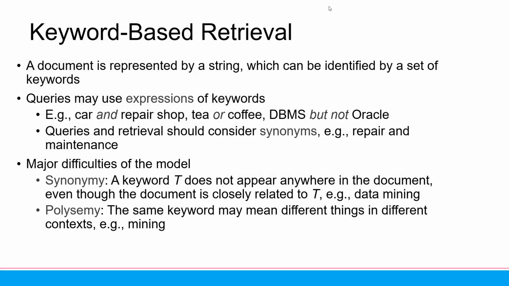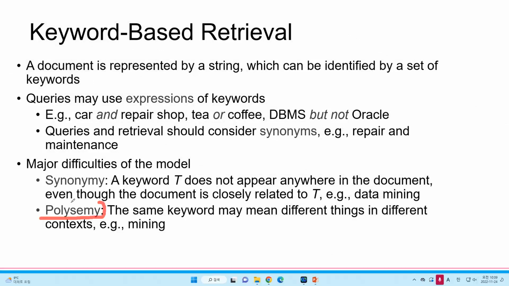And we can have polysemy. Poly, do you know poly? Poly means many. One word can represent many meanings. The same keyword may mean different things in different contexts. For example, mining. In Korea, mining, I don't know the Korean word.